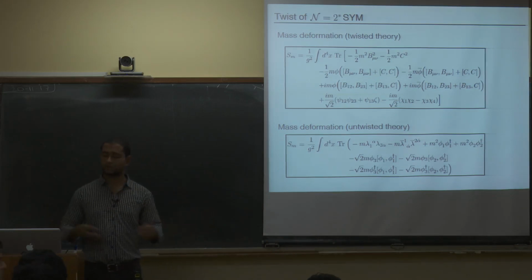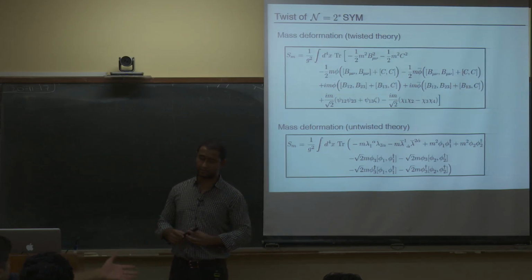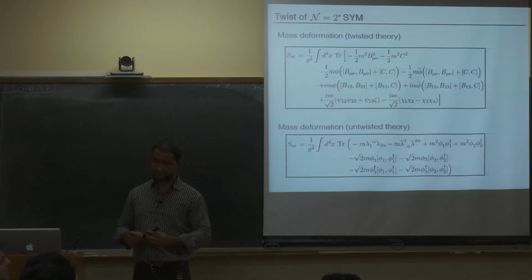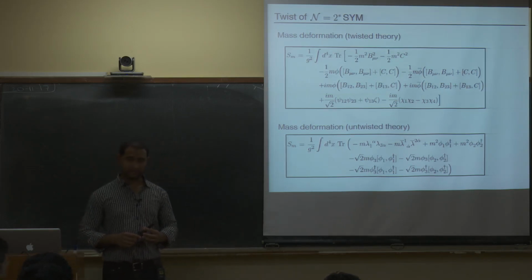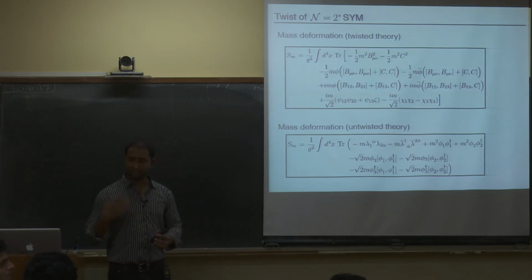Wait, I thought twisting was identifying some linear combination of the original Lorentz group and some R-symmetry group with the new Lorentz. Since the action was invariant under both the original symmetries, how can it not be invariant under the combination? One can find a way.